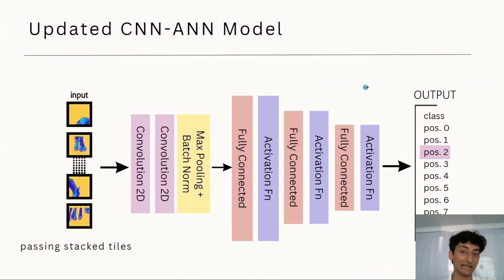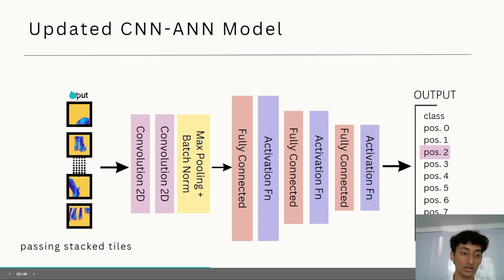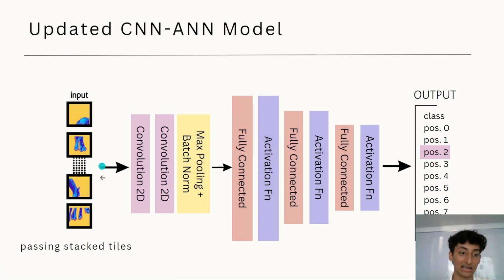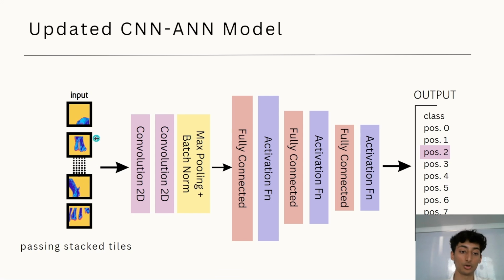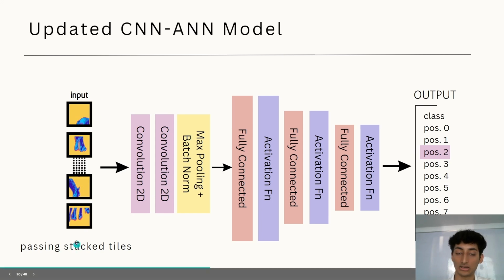So we updated the CNN ANN model. Passing the stacked tiles, like I mentioned, you have the input image, and you have the stacked tiles as 9 different vectors, where each piece is one matrix. You pass each tile into convolution 2D for every single piece.